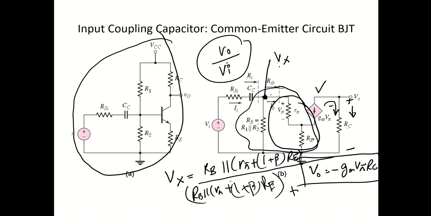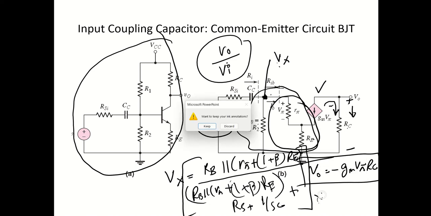Plus the remaining circuit. So here we have R_SC plus this capacitor 1 over SC, and this complete expression will be multiplied with our input.